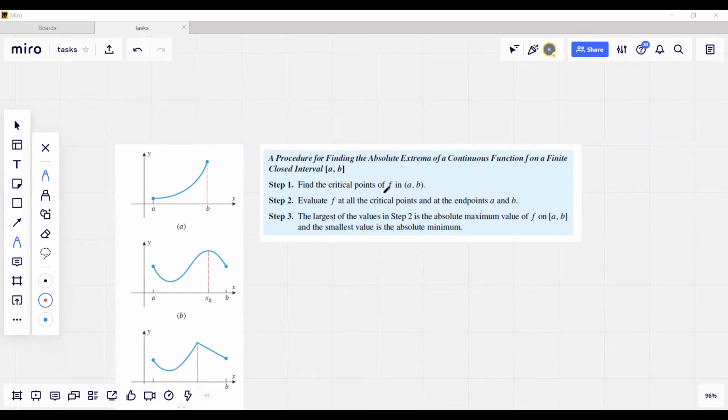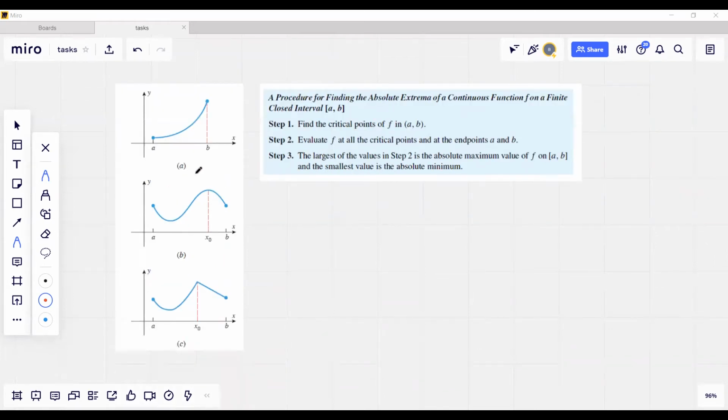And then we are going to compare these values between themselves, and the largest value in step 2 is going to be the absolute maximum of this function on that closed interval, and the smallest value is going to be the absolute minimum. So here we can see several cases.